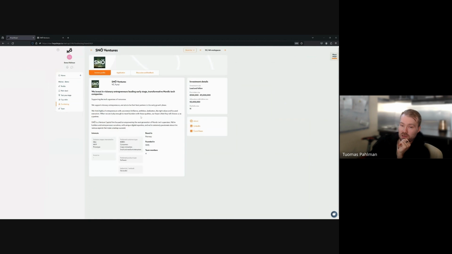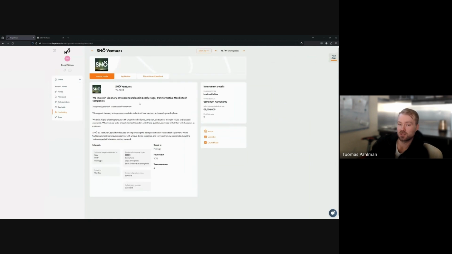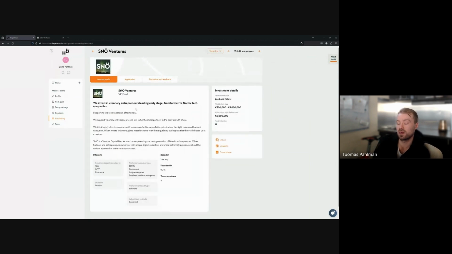On each investor, we naturally have the details of what they're investing in: their ticket sizes, the industries, whether they are generalists, whether they invest in software or hardware, what type of customer groups, and naturally the contact information, so you can go to the investor's website and LinkedIn profiles to get more feedback. This way you can start building your list.